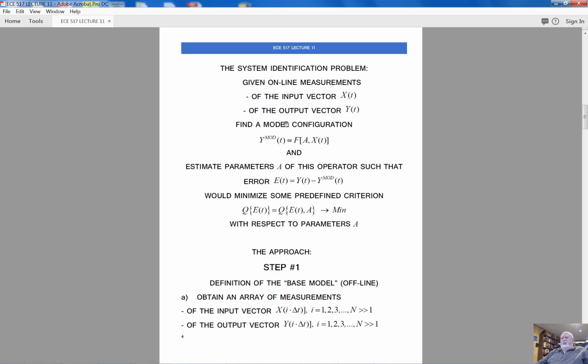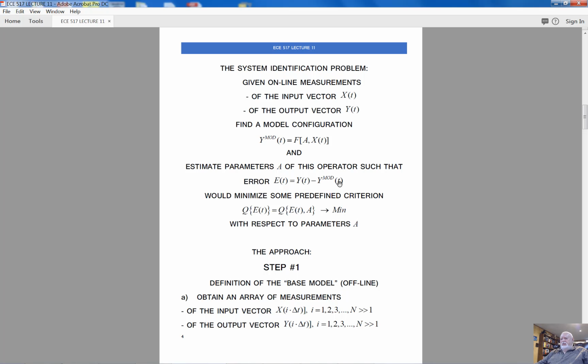So, if we would have some model configuration, then we should be able to utilize accumulated data to estimate parameters A of this operator. And how we want to do it? We have to consider error. Error is the difference between the observed output of the process and the calculated output or output of the model.